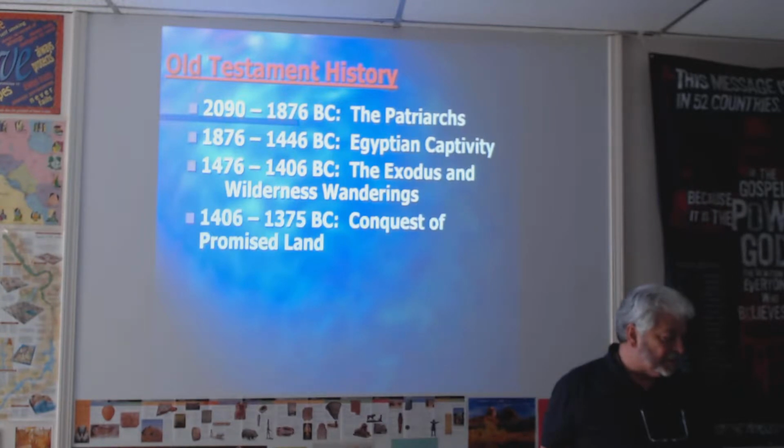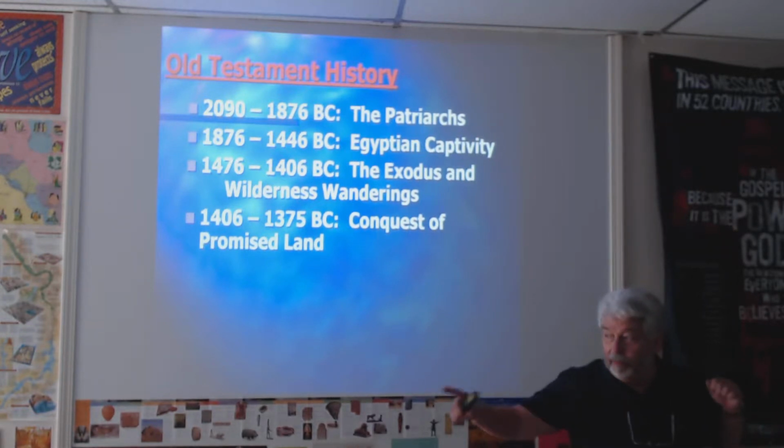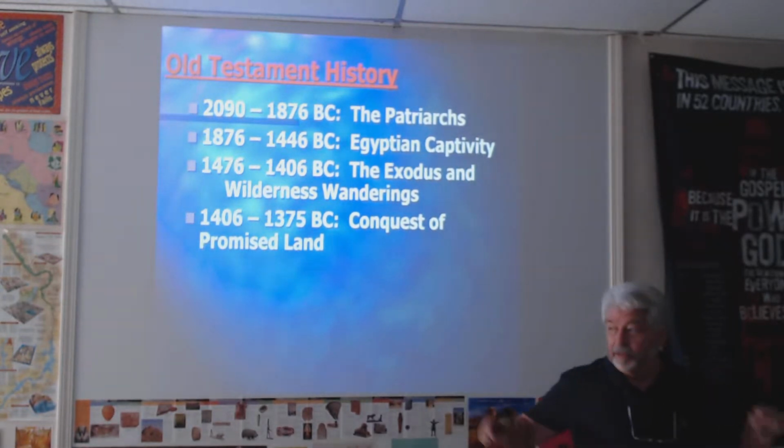All right, so the next stage is the conquest of the Promised Land. Who is it that leads the Israelites into the Promised Land to conquer it? All right, Joshua. And what was the first battle? This famous song. Joshua did the battle of Jericho. You didn't sing it.